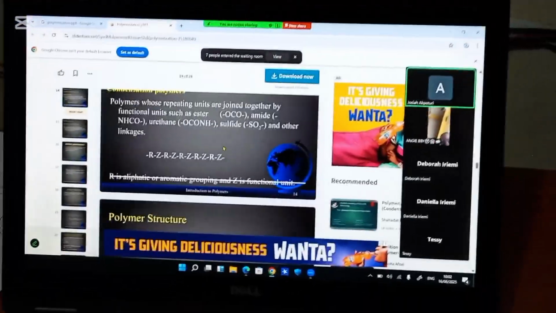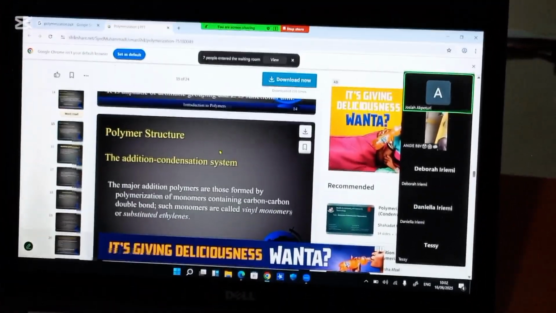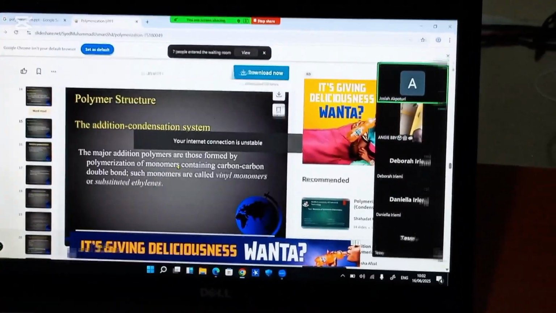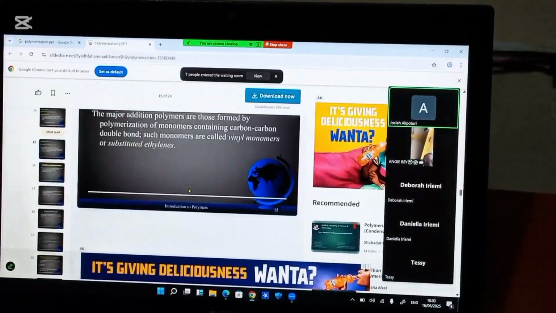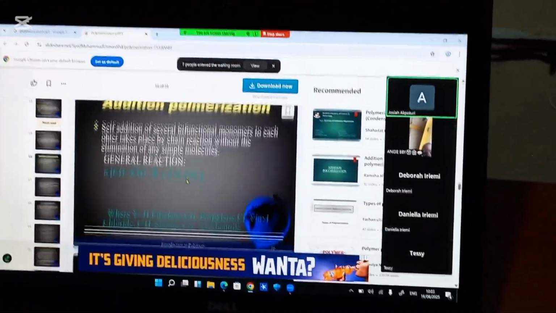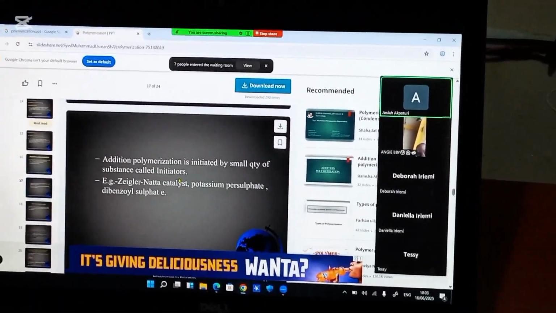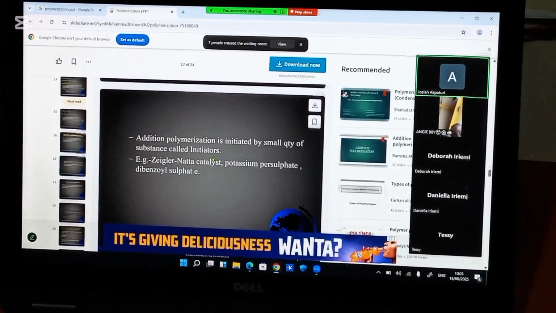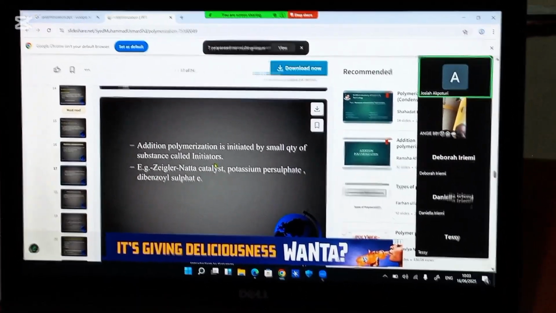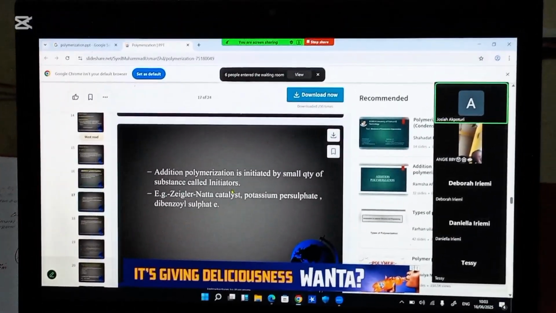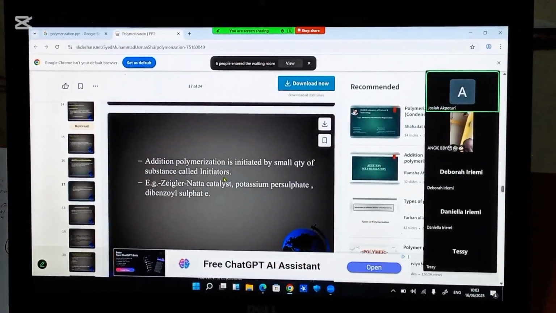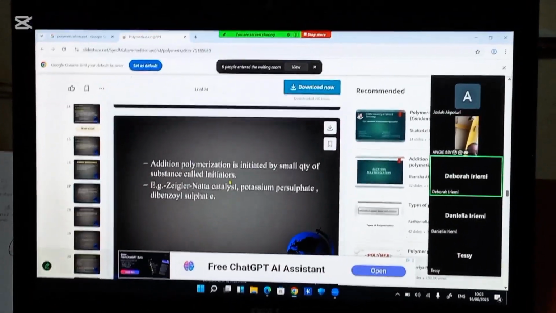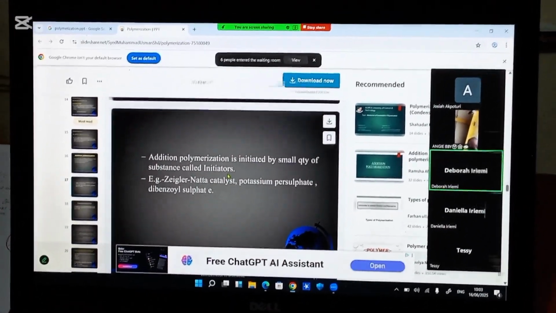So condensation, we said, will give us a small molecule, and that reaction is called step reaction polymerization. We stated the differences between chain polymerization and step. Number one, chain involves one type of monomer with a single functional group, while step reaction involves more than one type of monomer.